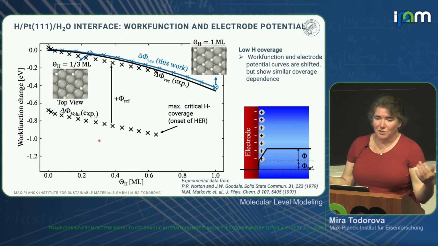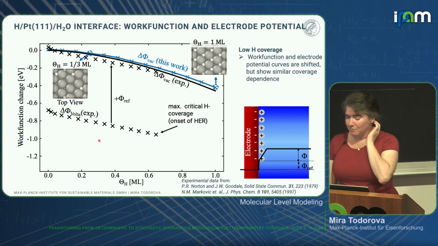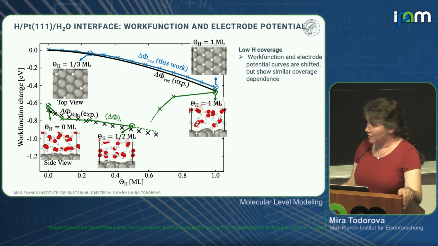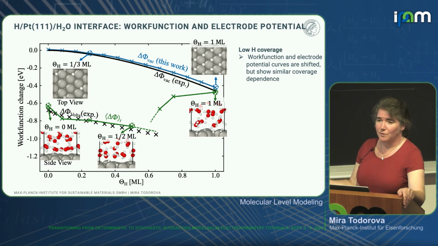So what does the water do? I mean, is this its only purpose? What we did then is perform calculations where we have the platinum surface in contact with water, and then we start putting hydrogen at different coverages at the surface. And this is the green curve that you see here.